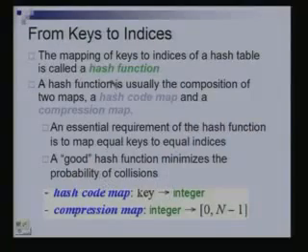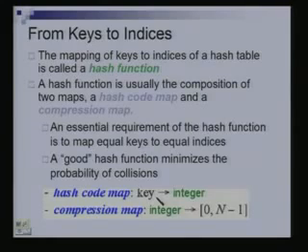A hash function can actually be thought of as being in two parts. There is the hash code map and there is a compression map, and these two together make up a hash function. Recall, a hash function is basically a mapping of the keys to indices of your hash table. Your hash code map maps the key to an integer. If your key is already an integer, there is no need for this.